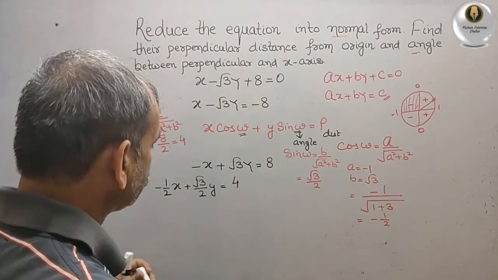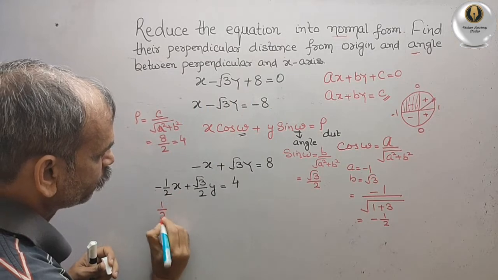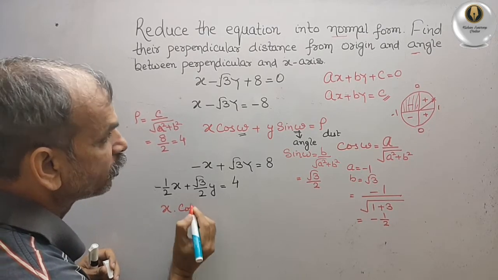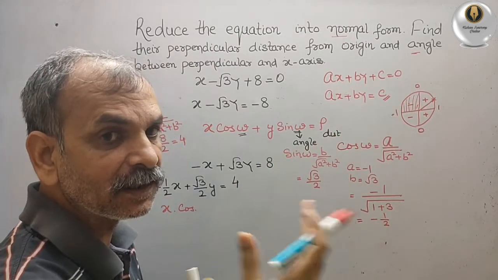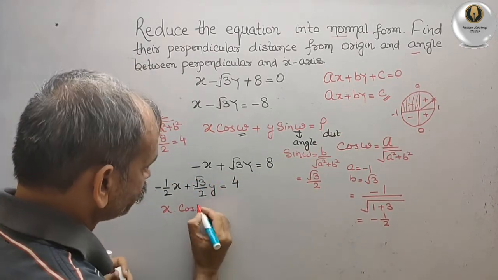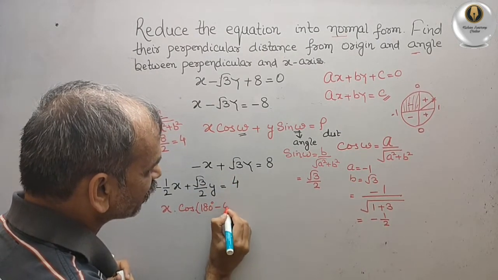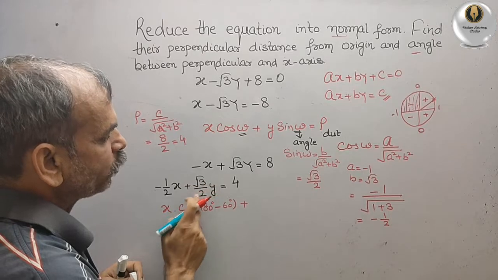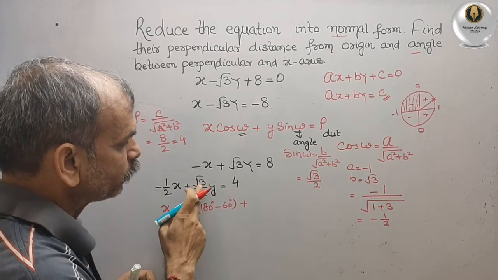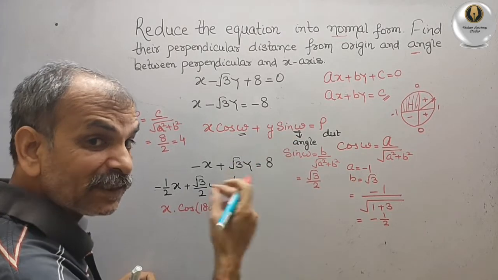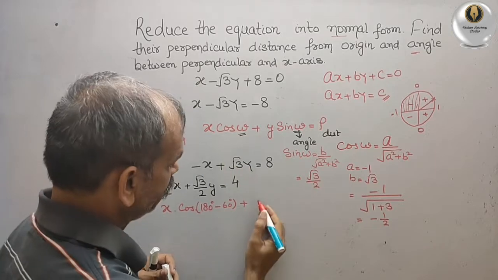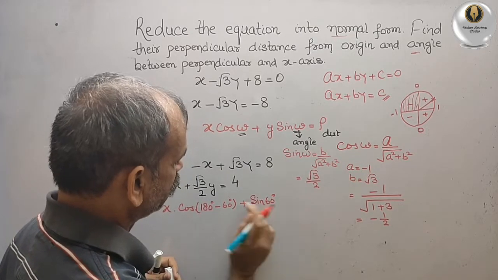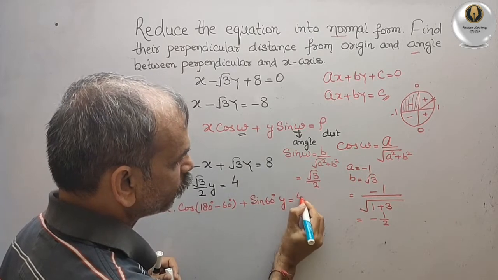So we write cos as 180 degrees minus 60 degrees, giving x cos 120 degrees. Plus root 3 by 2 y: sine of root 3 by 2 comes at 60 degrees, so we write sin 60 degrees times y, equal to 4.